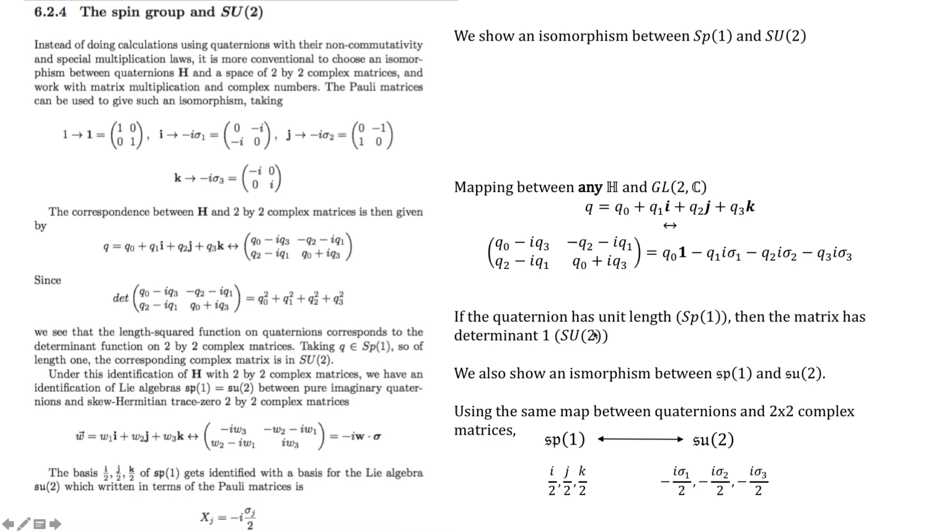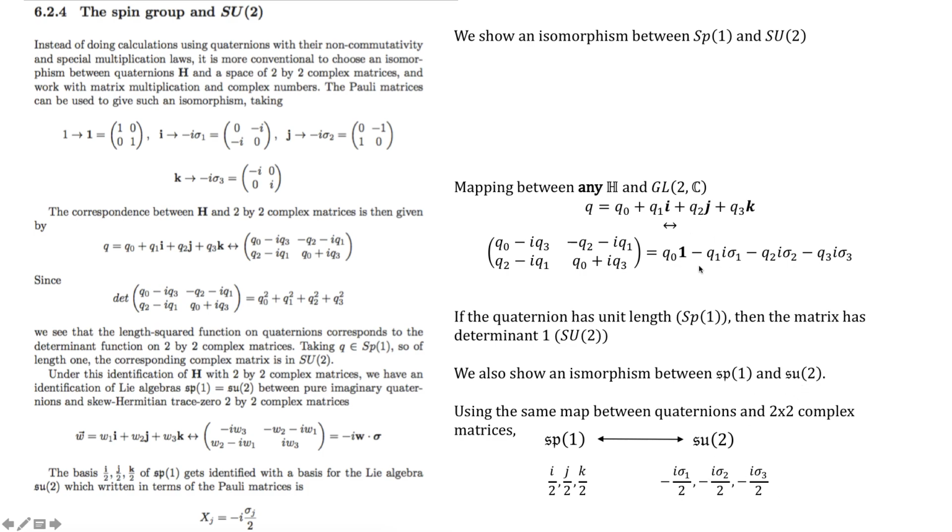Now we proceed to show that this is an isomorphism of Lie algebras as well. The Lie algebra SP1 is the set of quaternions with Q0 equal to 0. In other words, the Lie algebra is the set of purely imaginary quaternions. And this corresponds to elements of the Lie algebra of SU2, because the SU2 Lie algebra only has the Pauli matrices as the basis.